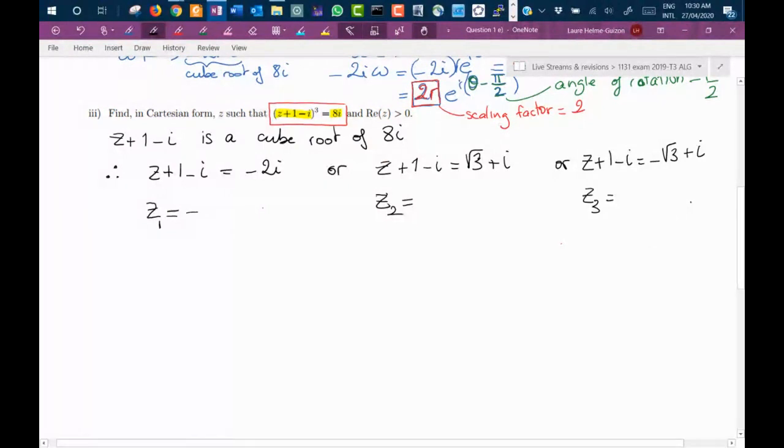Z1. So you said minus 1 minus i. I agree with you. What about the Z2? Ideally, someone who's not Alec. Come on, you can find Z2 for me. We're just solving. Just make Z the subject, and then you will find what Z is.